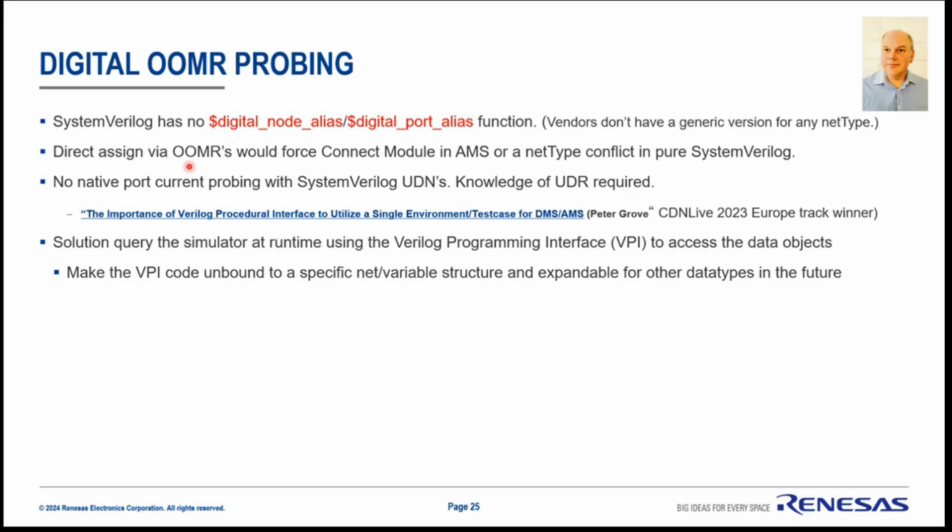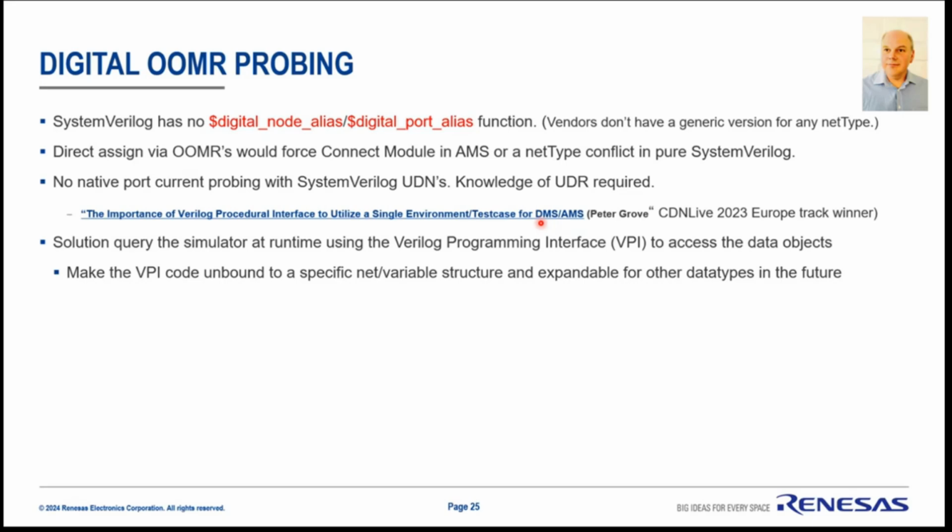There's also no native current probing, so if any of you have access to this paper or presentation, it will explain how you can use the VPI to get port current probes from a user-defined net type. Vendors provide various user-defined net types, and this is a way of getting the port current probe which they don't provide.